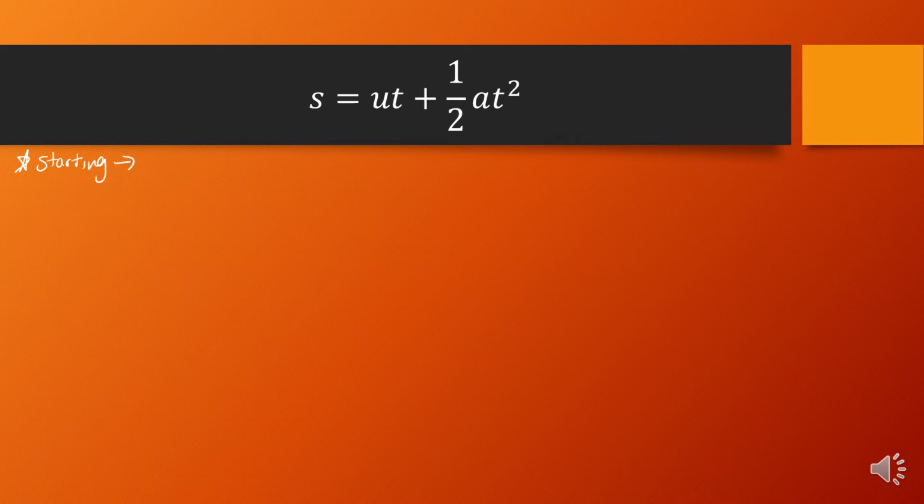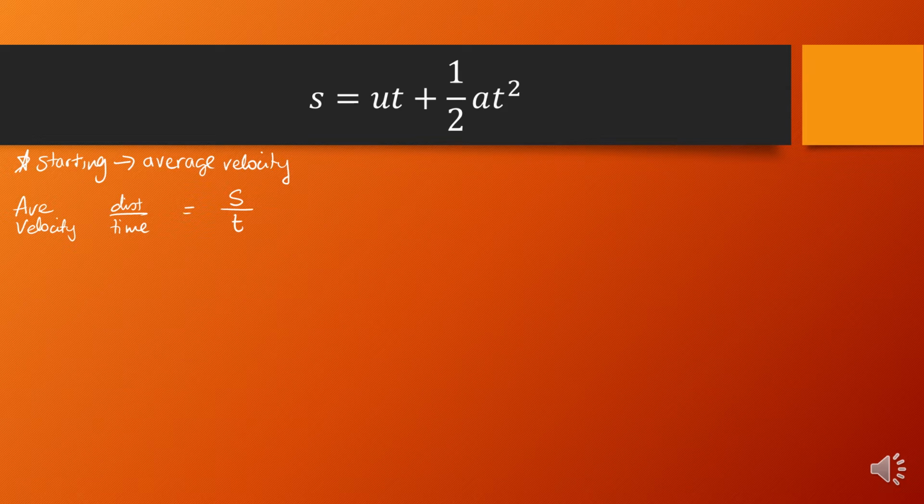So this particular one, the starting point will be average velocity. Okay, so over a full journey, average velocity can be written as simply the total distance or displacement over the total time, which is s over t.